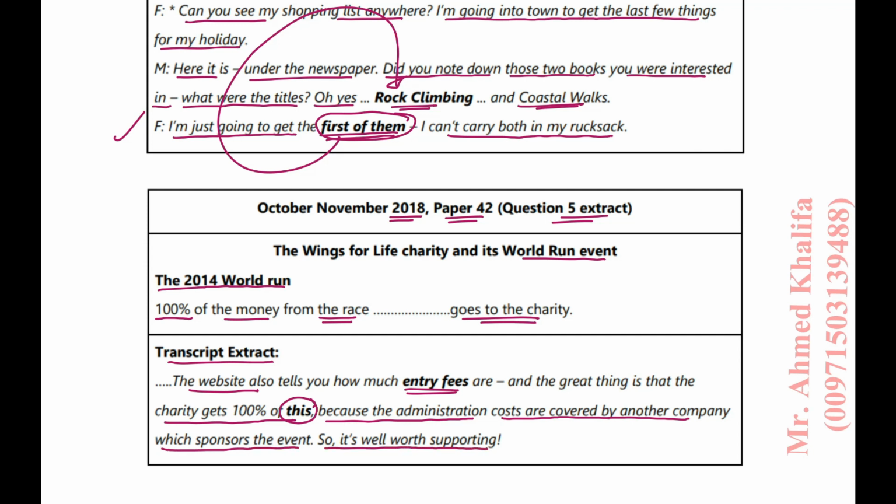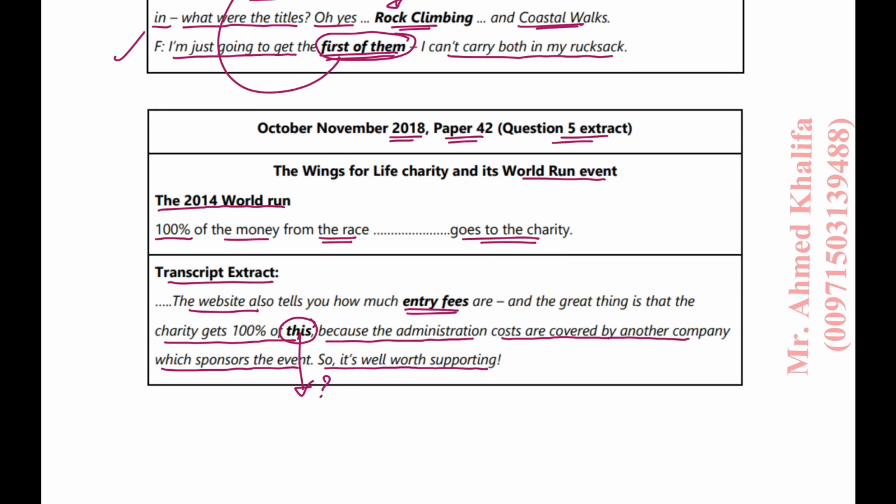Okay? Fair enough? Here, the word this. Remember this. Here the word this refers back to what? Of course, it refers back to entry fees. Is that the correct answer for this item? You understand? Then, Mister, I can go for what? 100% of the money from the race.